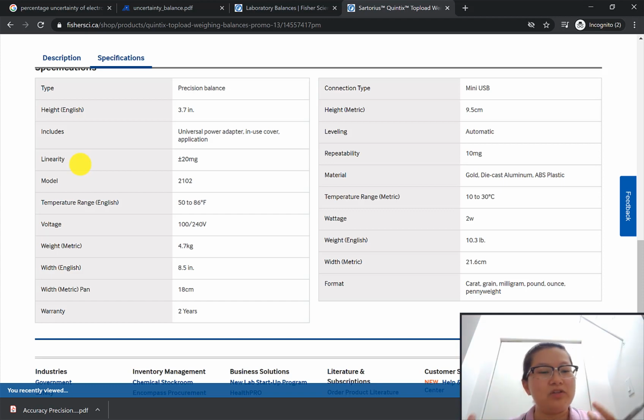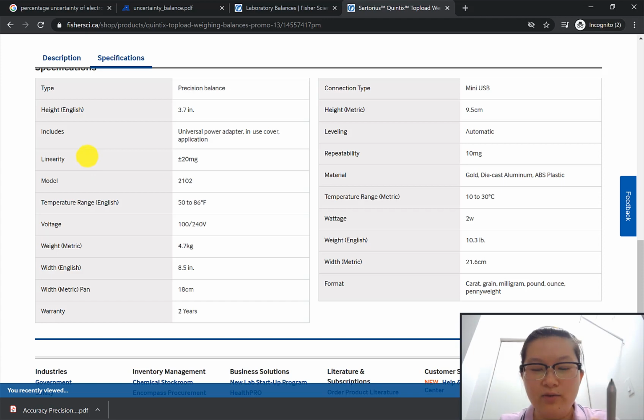So what they do with that is they take two equal masses, and they measure one first, they measure the second one by itself next, and they put them together and they measure it again, and they compare the measurement difference between the two together and then adding the two that were placed on separately, whether or not they're going to give the same reading or not. And that's just to show that depending on how much mass you put on the scale, whether or not it's a linear relationship. Okay, so that does not necessarily tell you about the fluctuations in the reading of your scale.